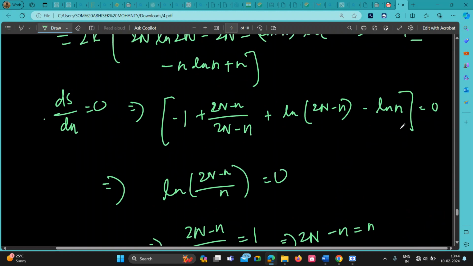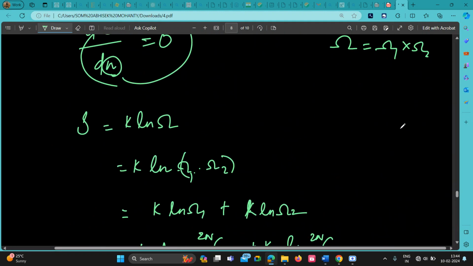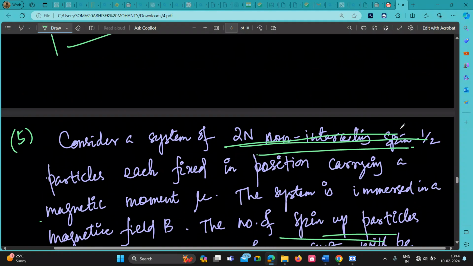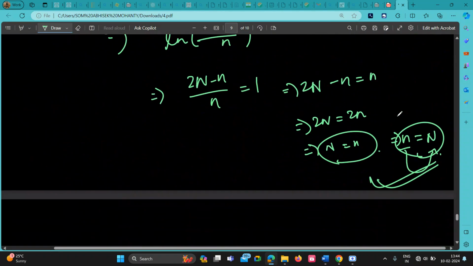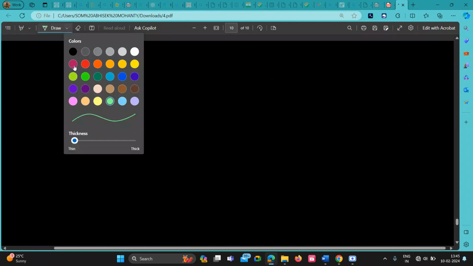Okay, next question. This was question number 5. Next, question number 6. It's from CSIR 2016.